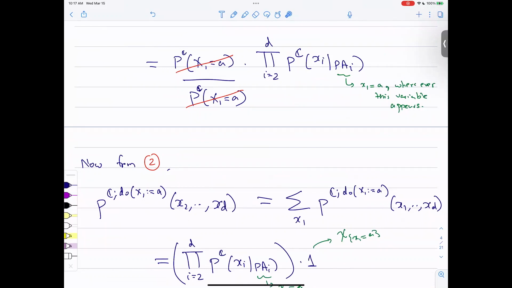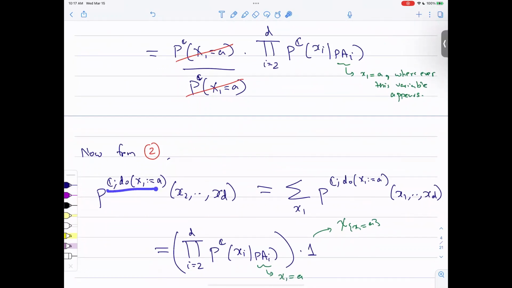Now let's do the same for the intervention distribution, so this is for do x1 equal to a. I again want x2 to xd, but in this new distribution. So how do I do this? I will just marginalize out. Since I want the distribution of x2 to xd, there's no conditioning here, remember. There's a do that has happened here.